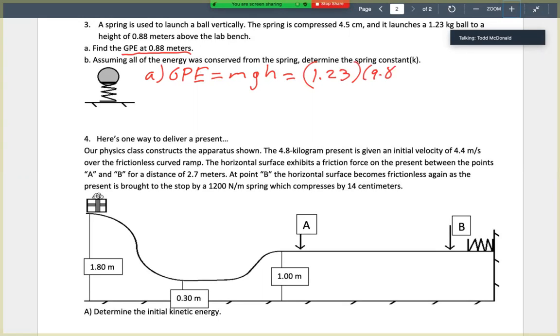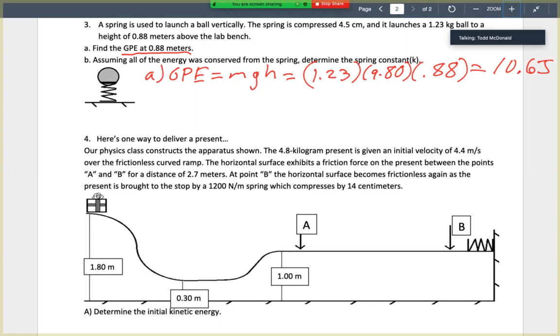I know that 9.80, and then the height that it launches is 0.88 meters. So when I plug all this in, 1.23 times 9.80 times 0.88, let's keep it 3 sig figs. I realize my 0.88 is really only 2, but I'm going to call this 10.6 joules of energy. That's how much energy it has at the highest point in terms of gravitational potential energy.